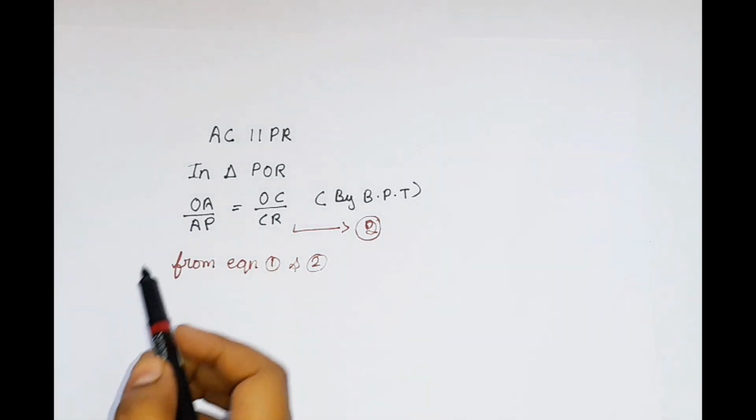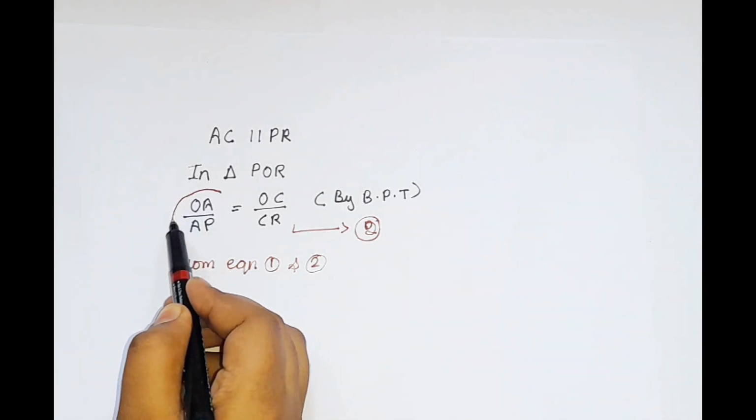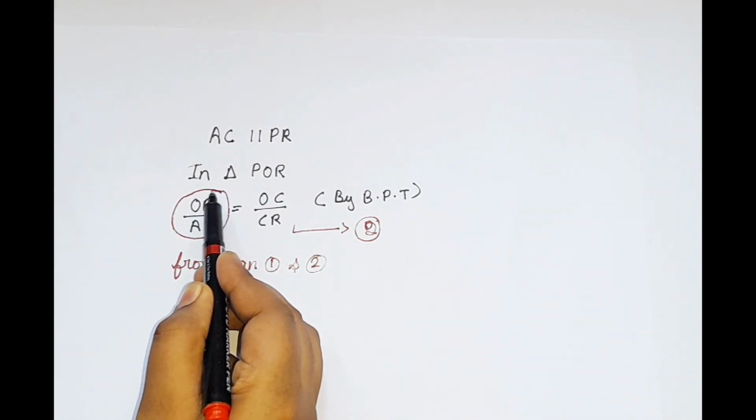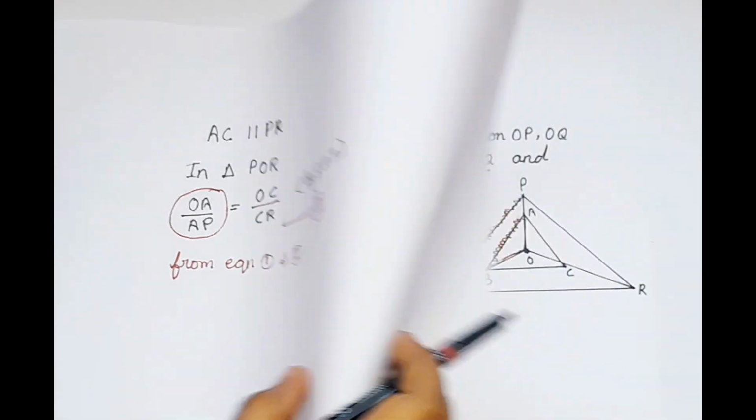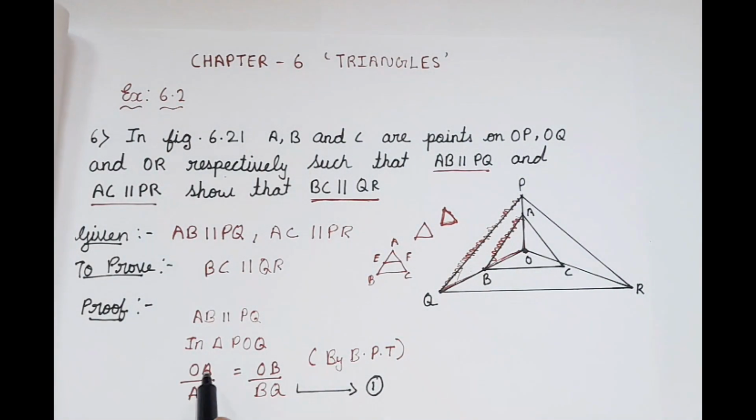Here something is similar. So this OA by AP in equation number 2, and in equation number 1 here also we have OA by AP. Am I right? Both are exactly similar, no change at all. Since they both have the same values, I am going to ignore them.